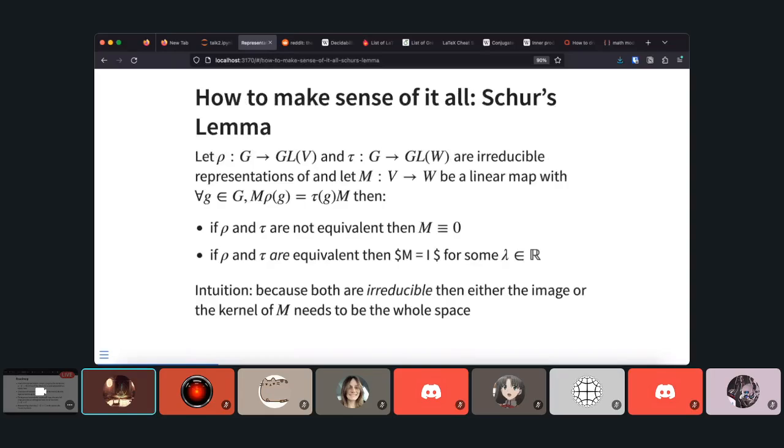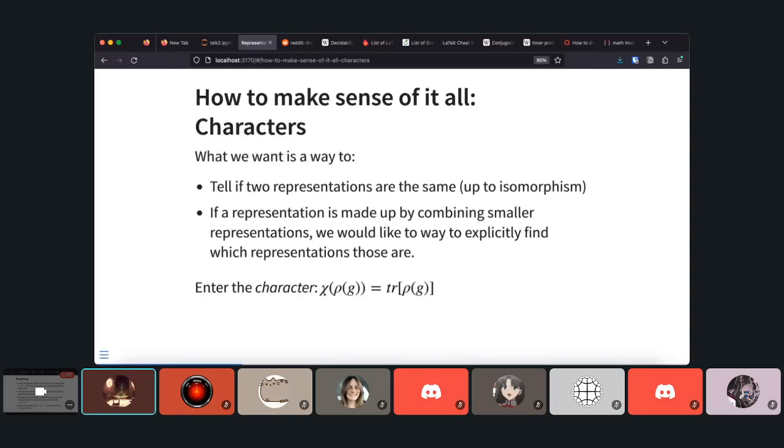And so actually I think maybe we should, so what do we want to do? And what we really want is to be able to tell easily whether, if I have 2 representations, they are the same.